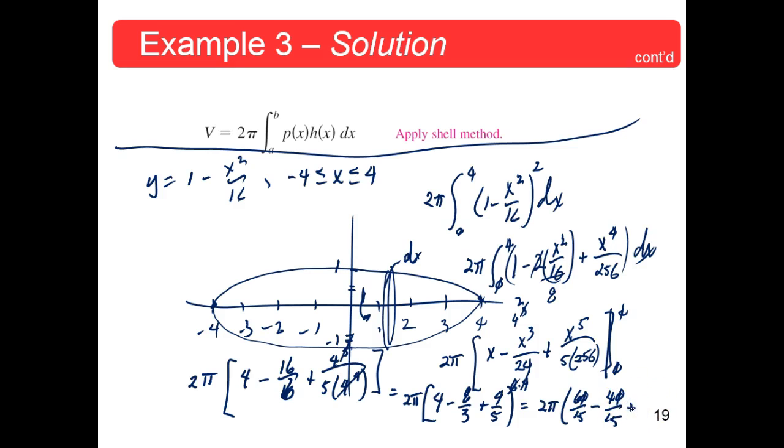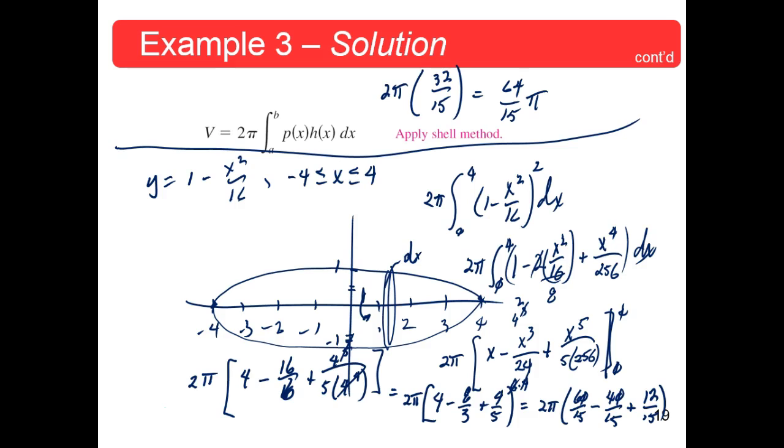Plus 12 15ths. Okay? Now, let me come up somewhere else and do that. 2 pi times 60 minus 40 is 20, plus 12 is 32 15ths, which I think that comes out to be 64/15 pi. I don't think there's any way, if that's the right answer, no matter which method you use, is going to stink.